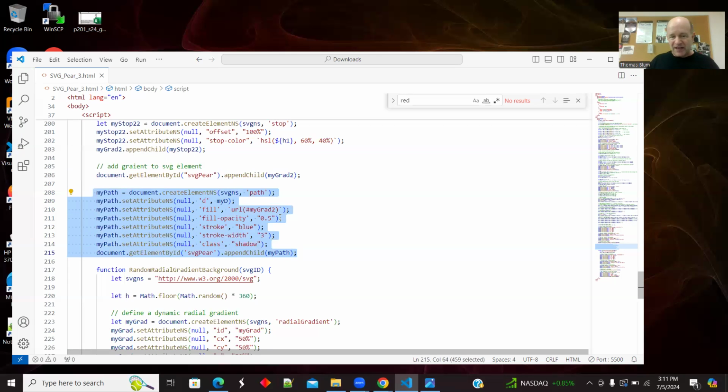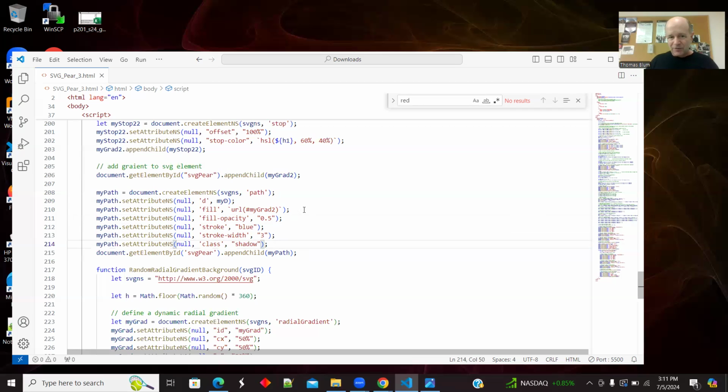I make the whole path. Here I'm making the opacity half so I can see my axis, my circles. I'm making the stroke blue. The stroke width 3. Here I'm giving it a class of shadow. That was that drop down shadow. I'd probably not have an opacity.